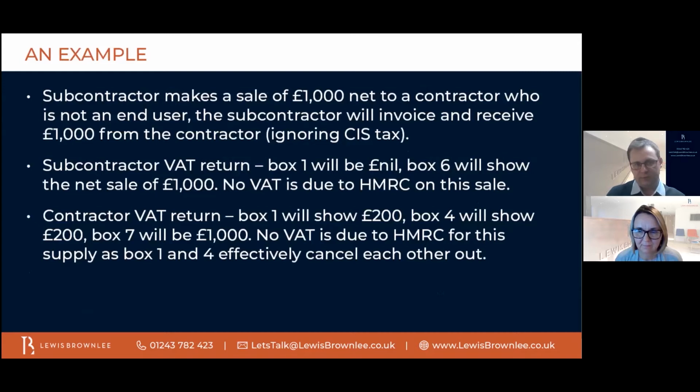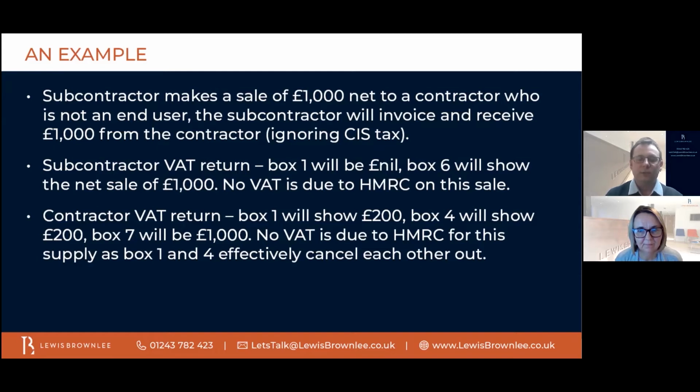If we take a look at an example, the subcontractor makes a sale of £1,000 net to a contractor who is not an end user, more on the end user shortly. The subcontractor will invoice and will receive that £1,000, note, without any VAT. The subcontractor's return, therefore, in box 1 shows an amount of nil, where originally it would have had £200. Box 6 will still show the net sale of £1,000, but no VAT is due.